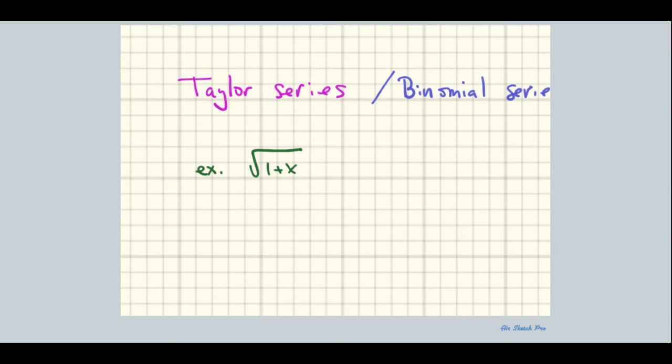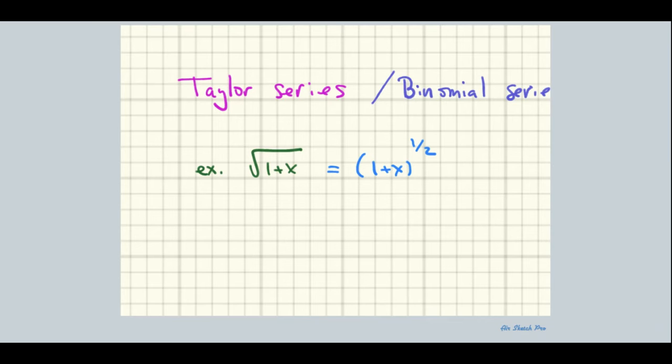Okay, so let's look at this one. First of all, you have to recognize this is a binomial. This is 1 plus x to the 1/2, and now it looks like 1 plus x to the k. Same way we're doing it, right? So let's see what happens.